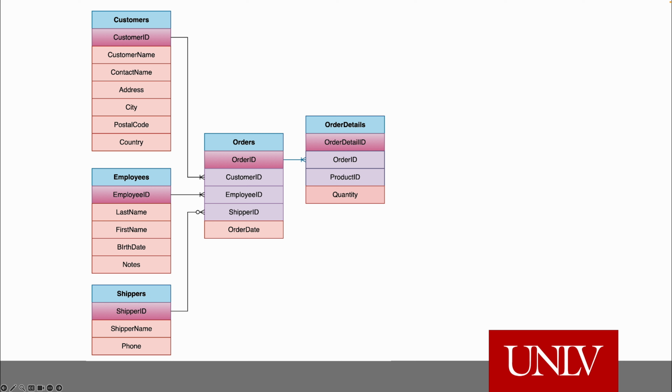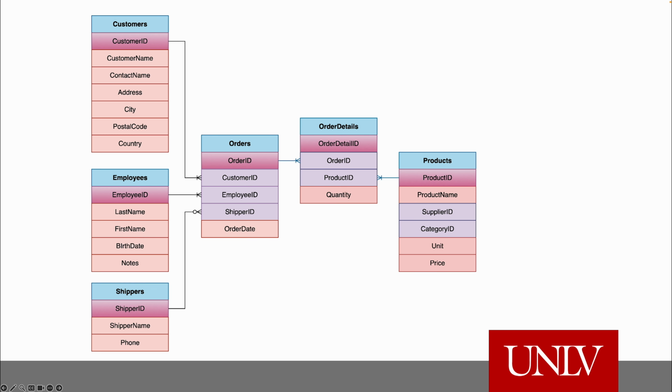The shippers table represents delivery companies. Its primary key is shipper ID. Other fields include shipper name and phone number. Each shipper can deliver many orders. The products table lists items for sale. The product ID is the primary key.